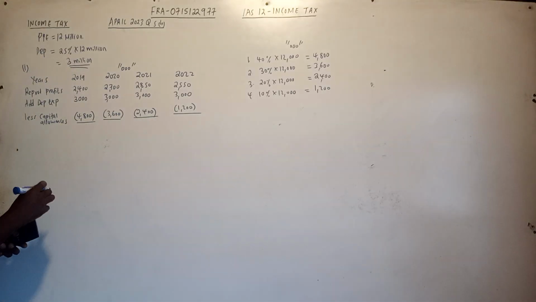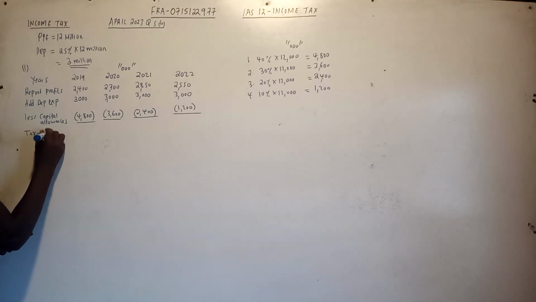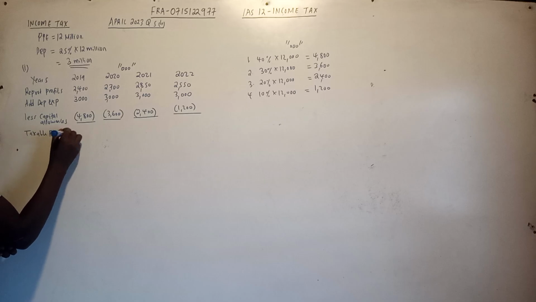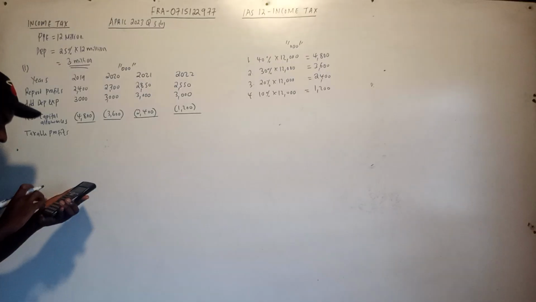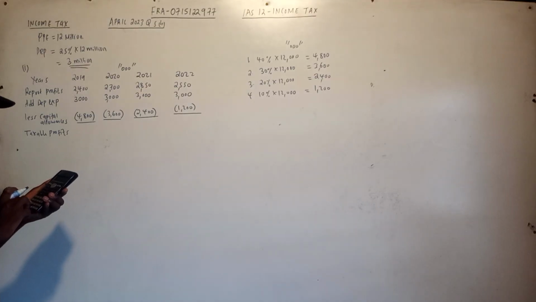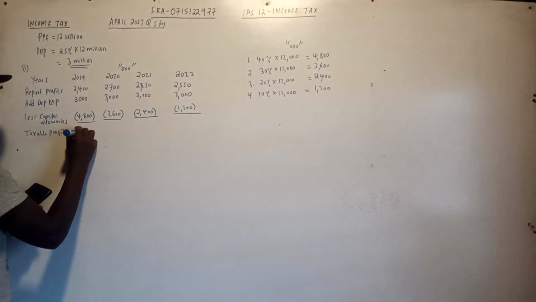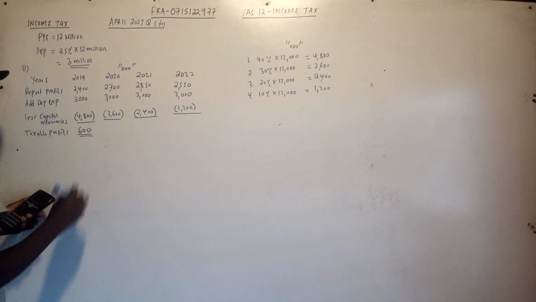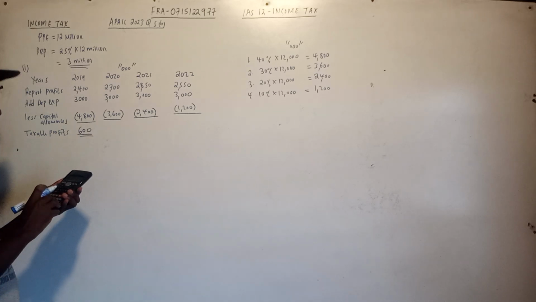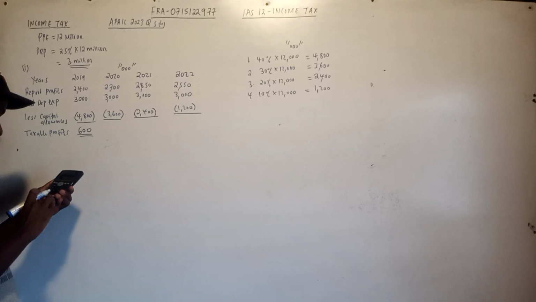So we shall get what we call the taxable profits. So 2,400 plus 3,000 minus 4,800. So this is 600. 2,700 plus 3,000 minus that 3,600.